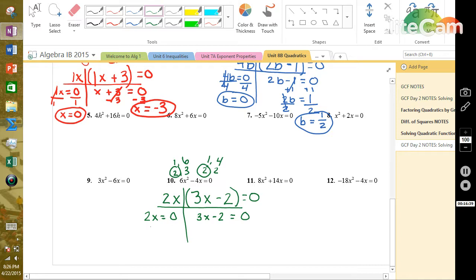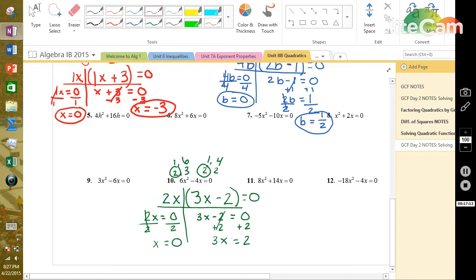So the inverse of multiplying by 2 is dividing by 2. 0 divided by 2 is 0. On the right side, the inverse of subtracting 2 is adding 2. So now I have 3x is equal to 2, because 0 plus 2 is 2.